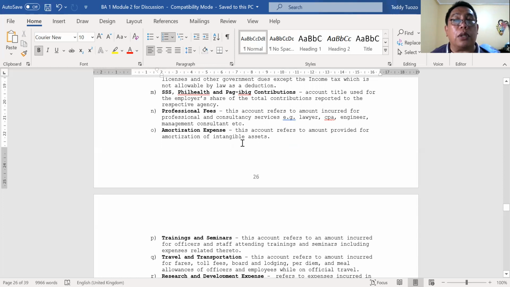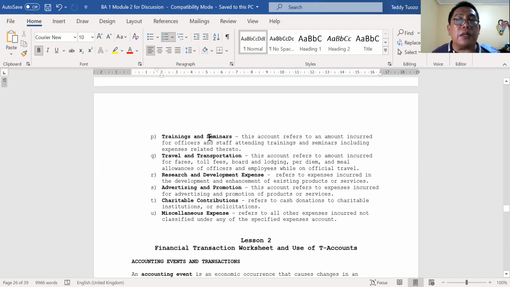Amortization expense, remember, is for intangible assets. If you have a franchise agreement, you amortize it over the life of the franchise. Trainings, of course, if employees or the boss join trainings or seminars, then that is trainings and seminars, including all registration fees and board and lodging.